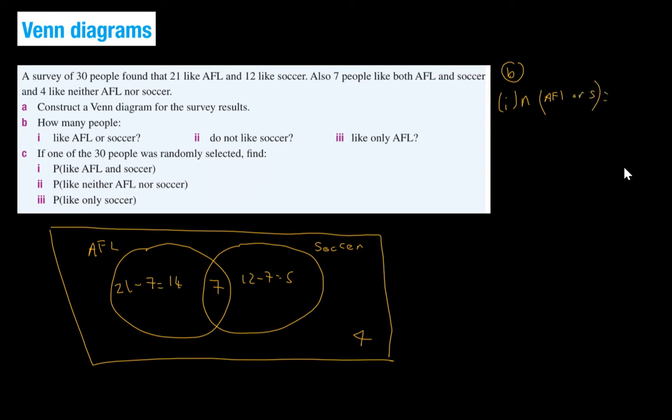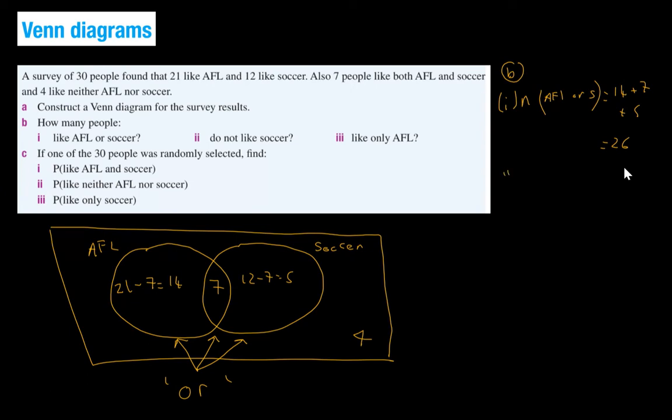So the number of people who like AFL or soccer is going to be 14 plus 7 plus 5, which gives 26. Or is going to be everything. That's really important because the people who like both also like AFL or soccer.